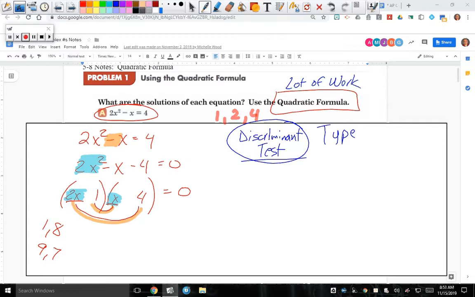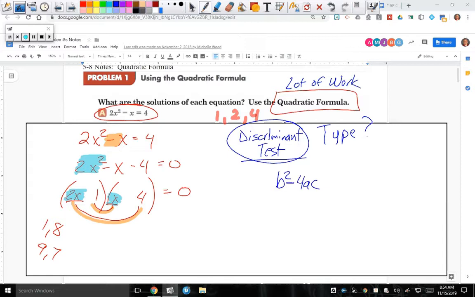It's like you know what you're going to be getting before you even try to do all this work. So the only thing that I have to do with the discriminant test is this piece right here. And if you saw the way we went through deriving the quadratic formula from scratch, this is the most important part of that quadratic formula.